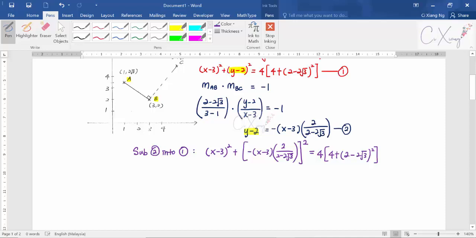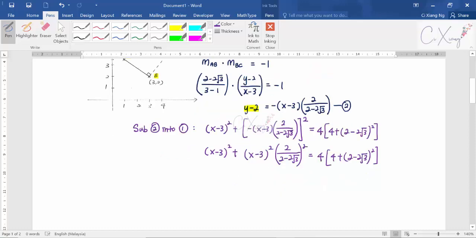I copy the (x minus 3) squared first, then plus. The negative here, when you square it, becomes positive, so the negative disappears. The whole thing also needs to be squared, so it becomes (x minus 3) squared times (2 divided by (2 minus 2 square root 3)) squared, equal to 4 times (4 plus (2 minus 2 square root 3) squared).